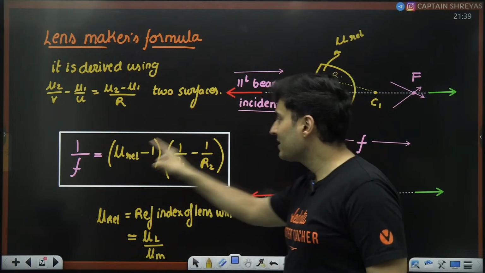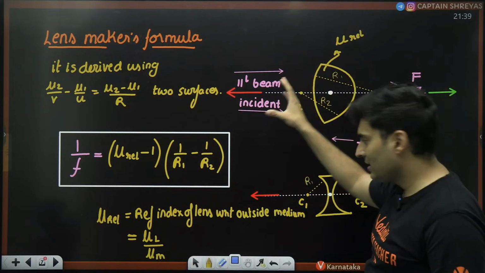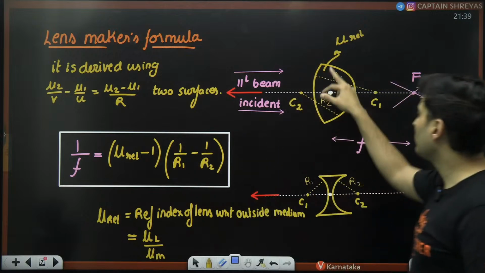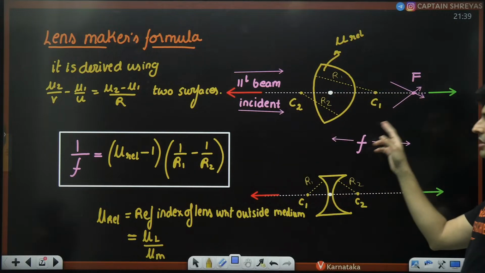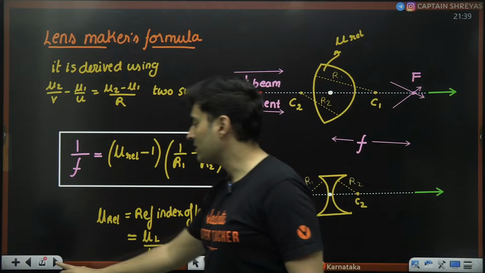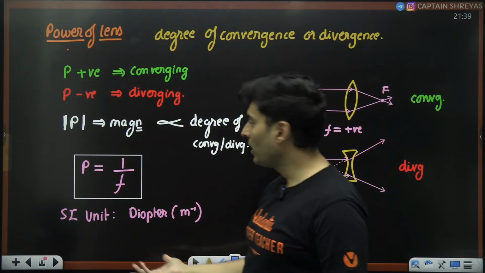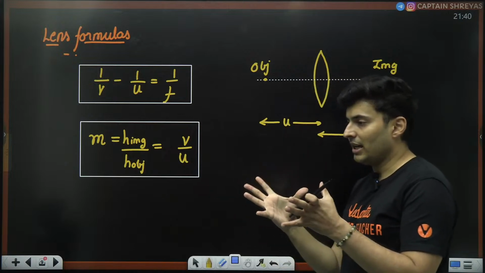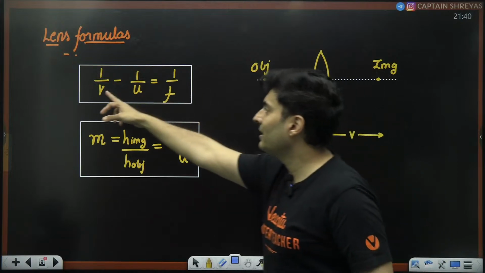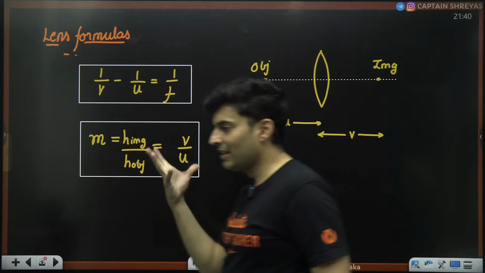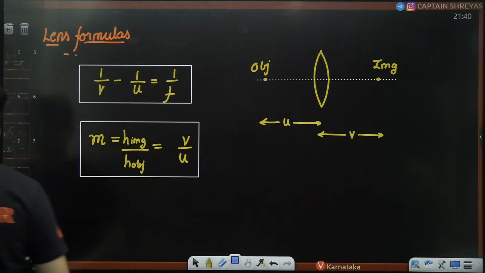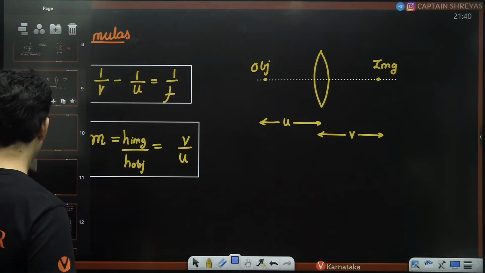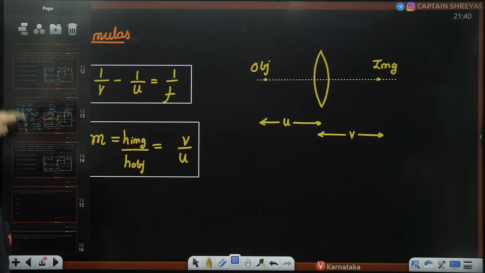But the mu inside is the relative refractive index. R1, R2 are the radii of curvature by the sign convention of the surfaces. And using that focal length, you can find the power and figure out how converging or diverging it is. You can also find where the image is and how much magnified it is. All right, I think it's a good time we start with some questions.